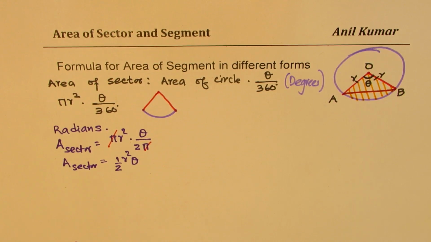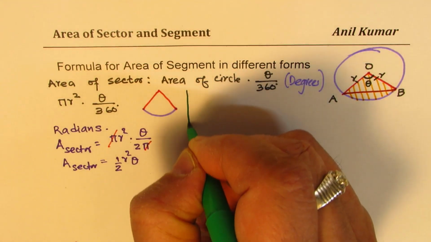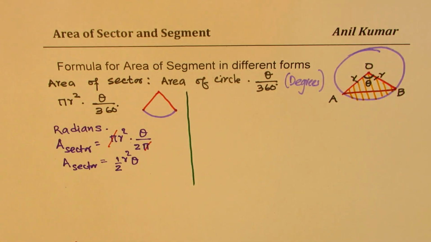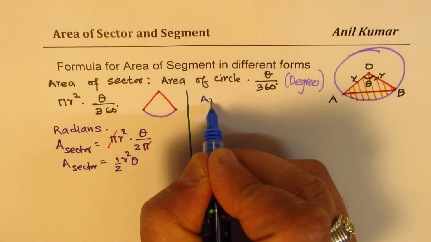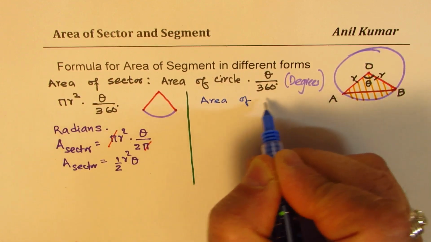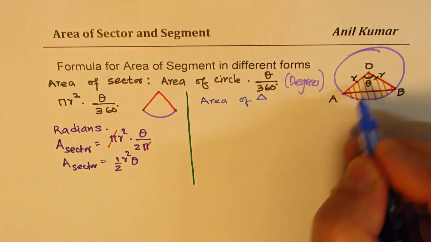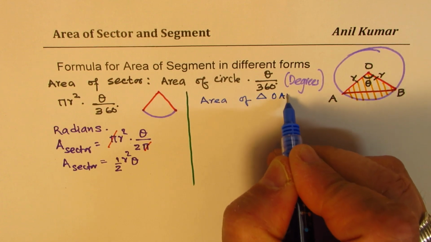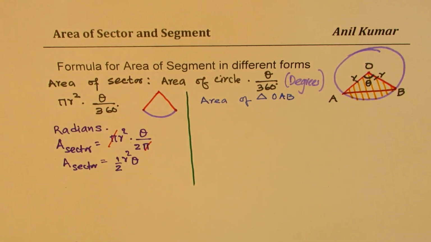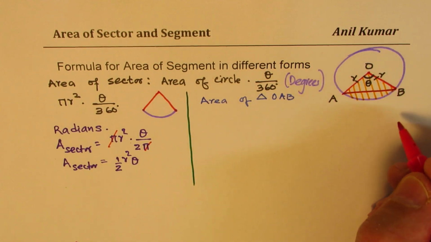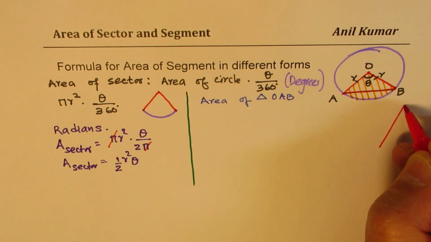Now, the other part to look into is area of triangle. Okay. Now let's look into the second part, which is area of triangle, which is OAB. Now, area of triangle OAB, let me draw it separately, slightly bigger one.